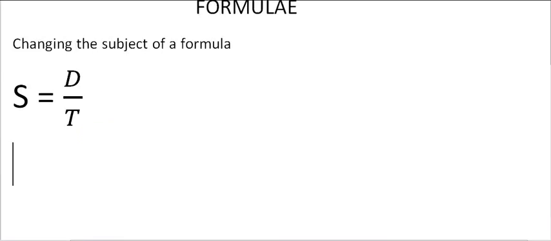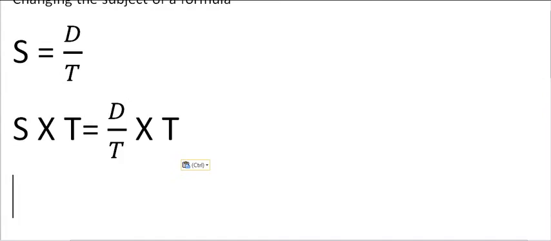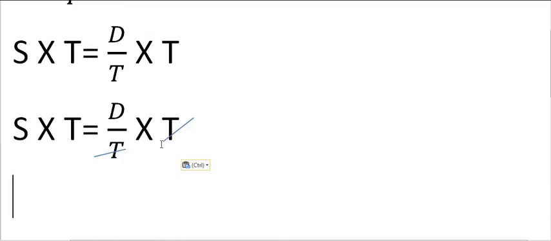Let's see how we do it. Now D is divided by T, so we need to take T to the left hand side. To do that, we do the same thing to both sides, which means we multiply by T to remove T, and similarly we multiply S by T as well. Then T and T get cancelled.